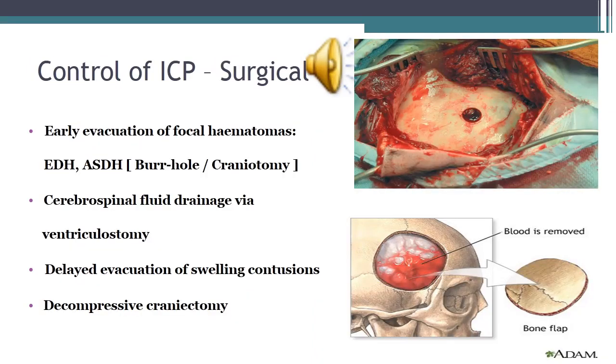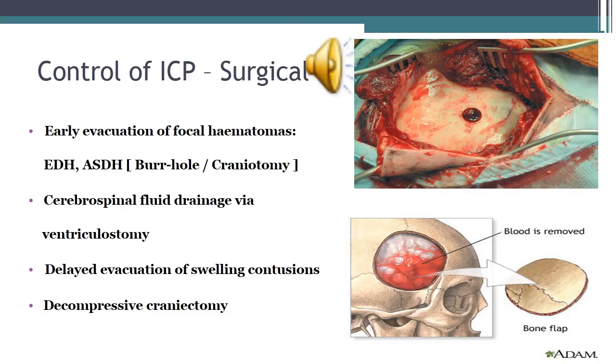If medical treatment fails to control the raised ICP or intracranial pressure, we have to go to the surgical control. This is done by early evacuation of focal hematomas. We can do craniotomy for extradural hematoma or acute subdural hematoma, or we can do burr-hole aspiration for chronic subdural hematoma.